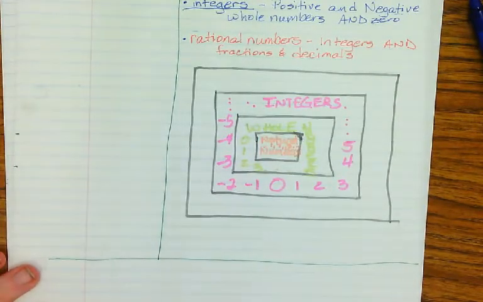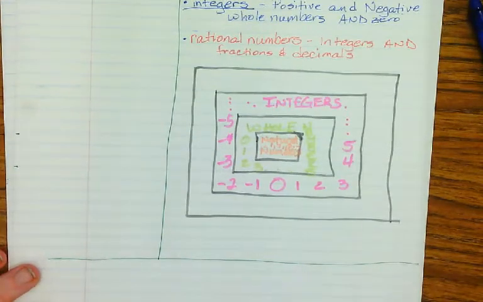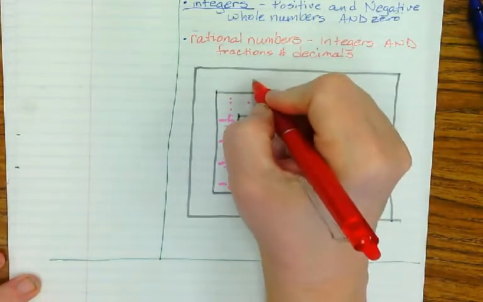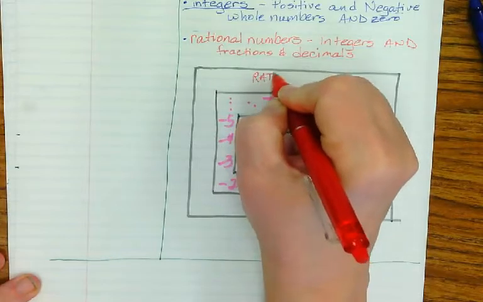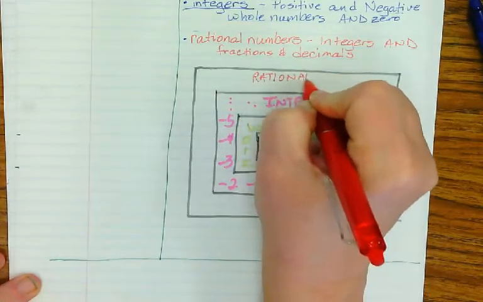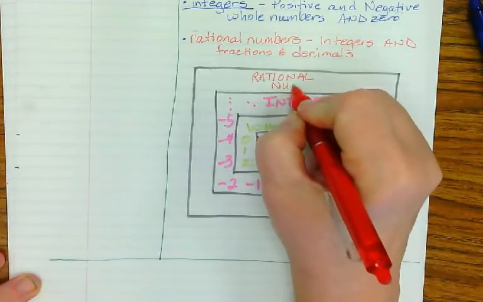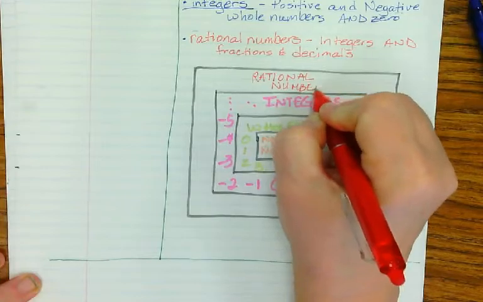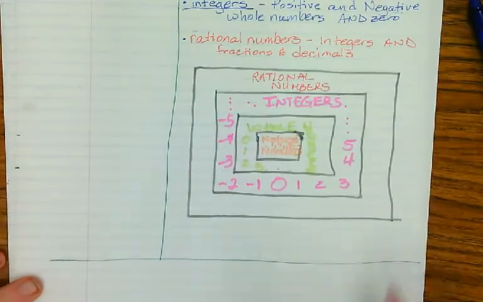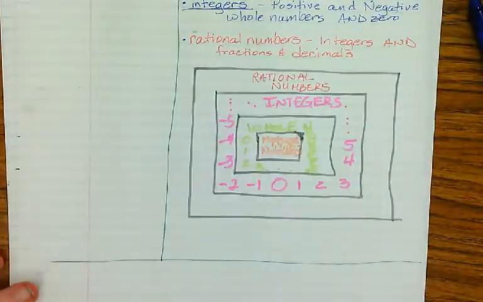And then the very last thing we have, our rational numbers. Okay, there's actually another category on the outside, but I'm not going to deal with that because, again, we're talking 6th grade math. You don't need to know what the next one out is.